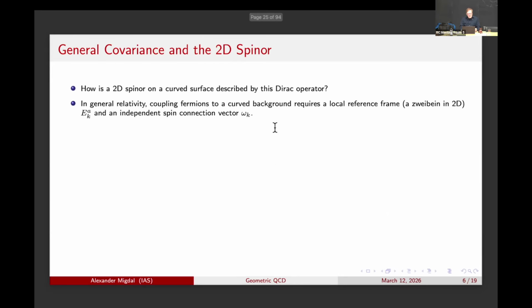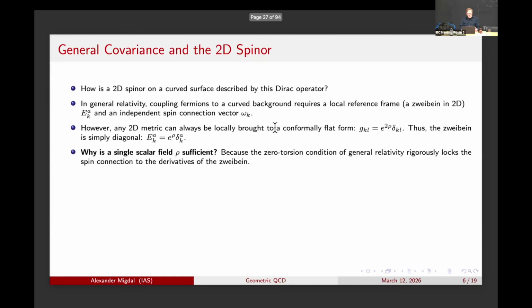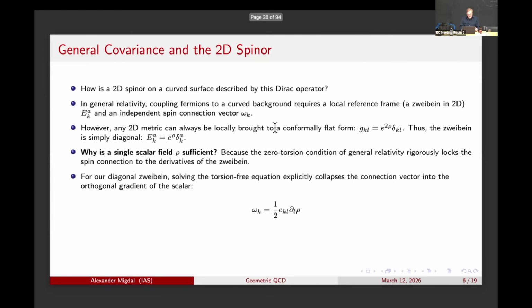Okay. So first of all, let me just remind you, like I had to remind myself, what exactly is the two-dimensional Dirac operator on a curved surface. There is this Einbein, and then in general there is this connectivity, which can be expressed as some vector object related to the metric, blah, blah, blah.